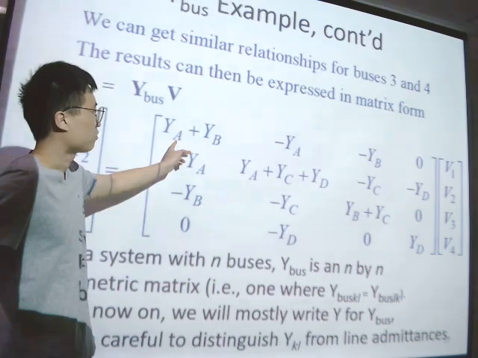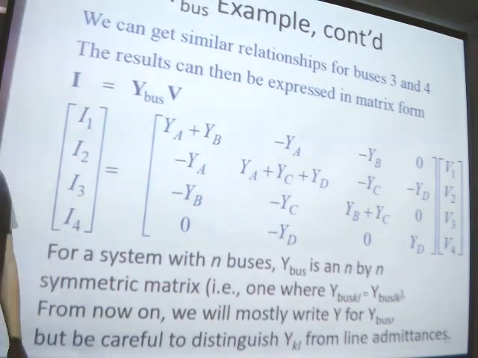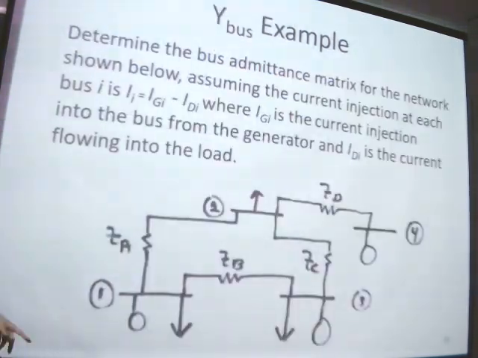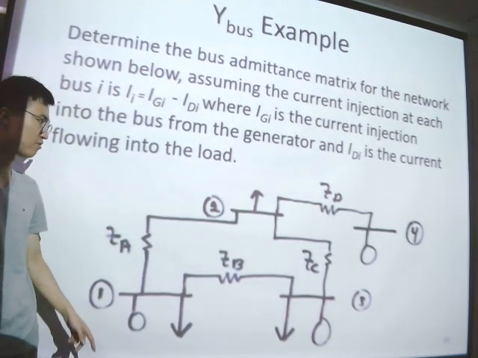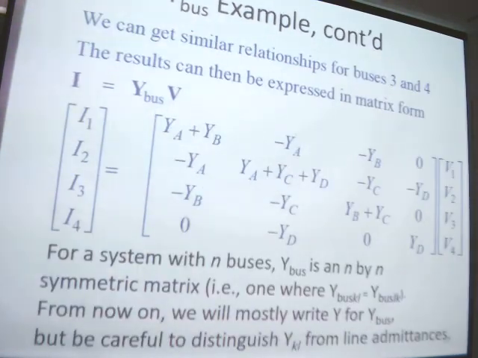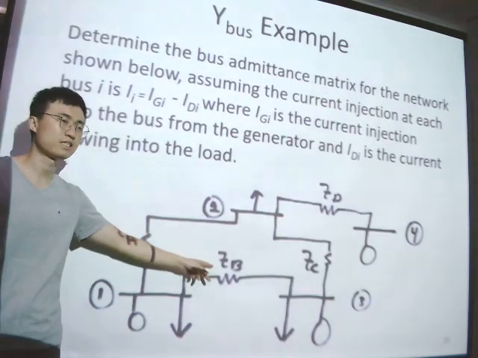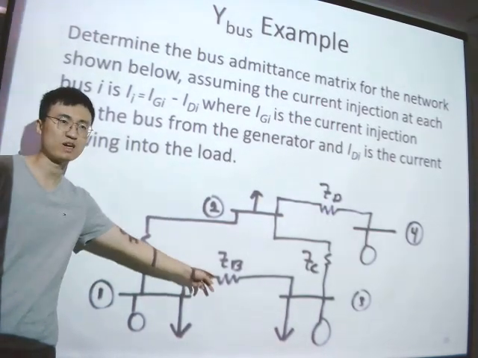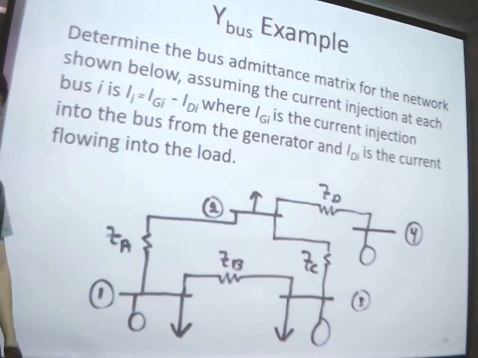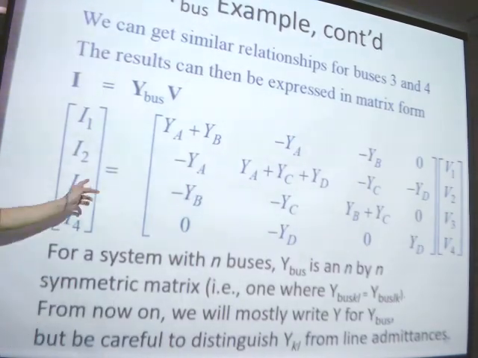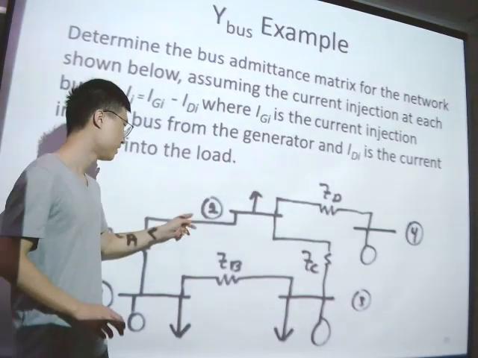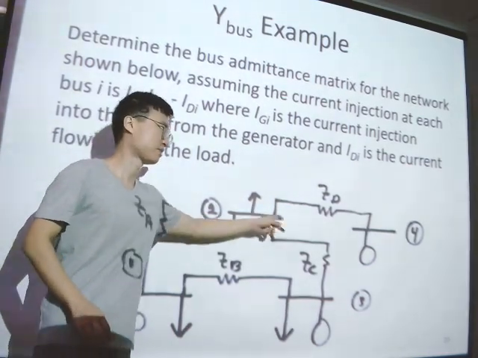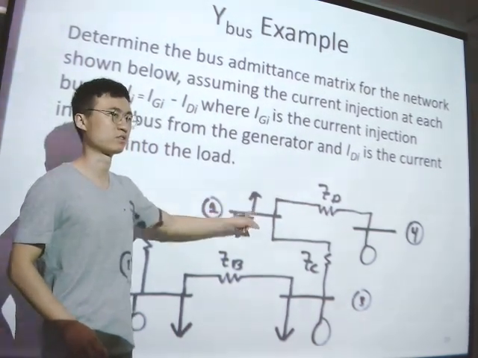We see the diagonal entries: you can see the serve admittance for bus 1 is YA and YB, because here it is connected with A and B. For bus 2, it is A, C, E, because there are three transmission lines connected to bus 2.